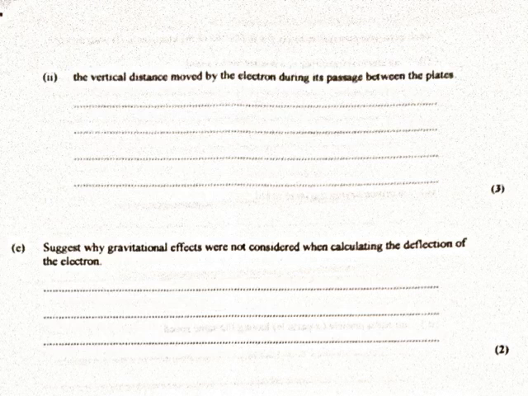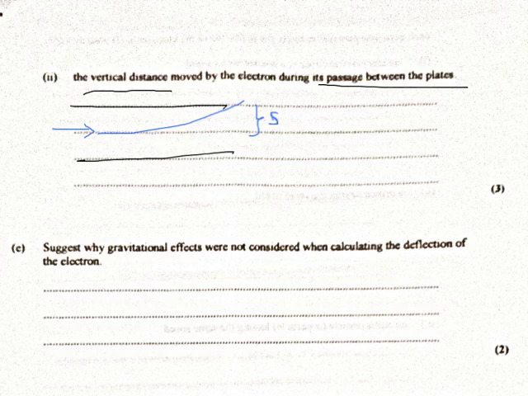But that's not the end of it. Okay, so let's just draw this out again so we can work out the vertical distance now moved by the electron during its passage between the plates. So what we have is two plates causing a vertical deflection S, and we have to use equations of motion for a projectile question.